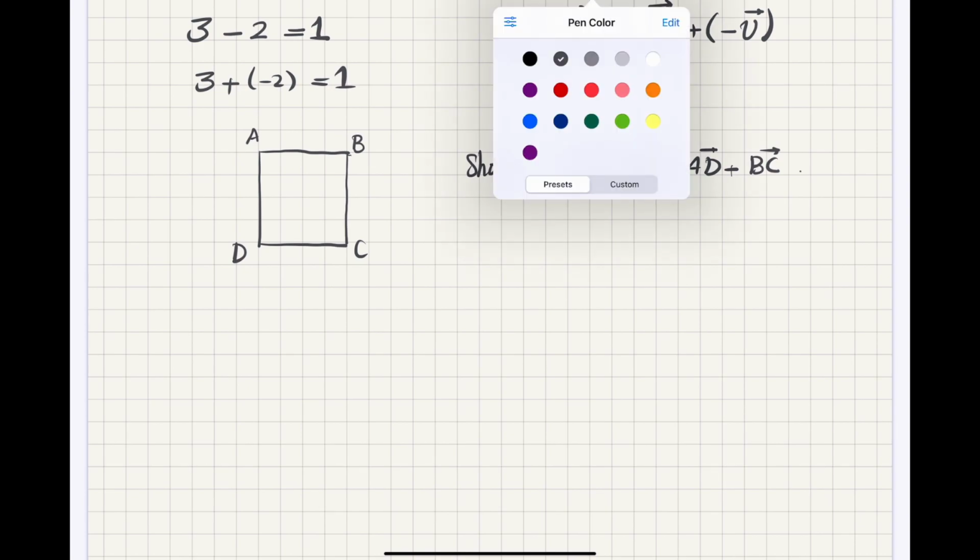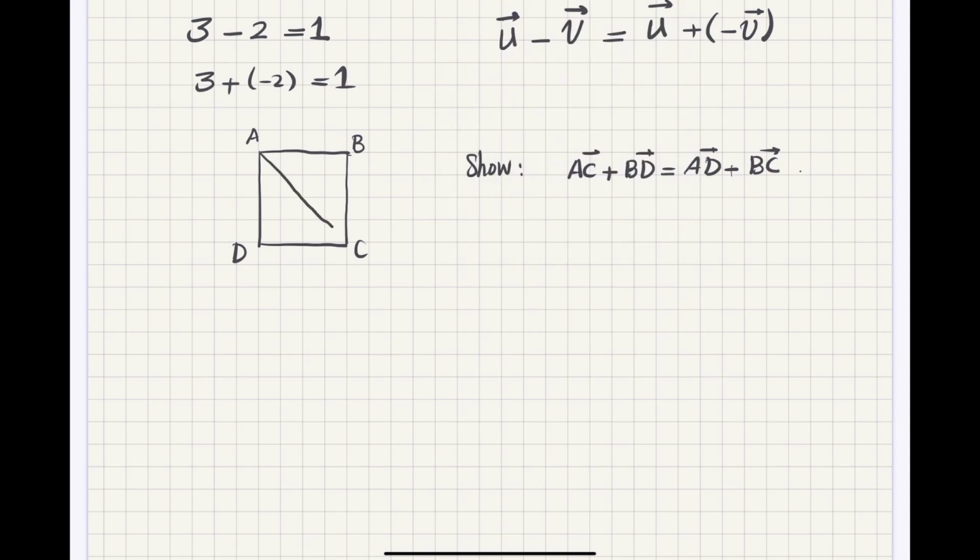Let me change the color. So I will add A to C. This is the same color, so let me change the color. From A to C is here. And then from B to D. A to D. Let me change them with a different color. And then B to C.